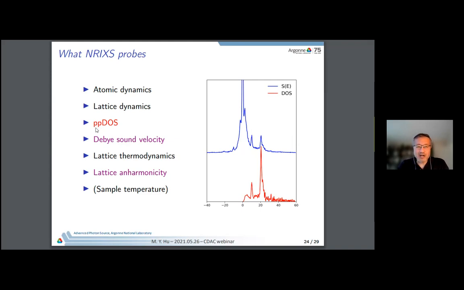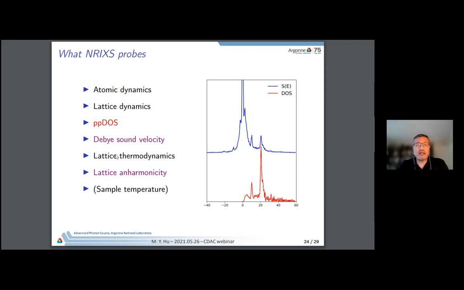So it's partial in that sense, and it also is projected along the incoming photon direction. So if you have a single crystal, you have some texture that will show up, and from these measurements of the density of states, you can measure sound velocity. So that's another great probe. I will talk a little bit more about it.